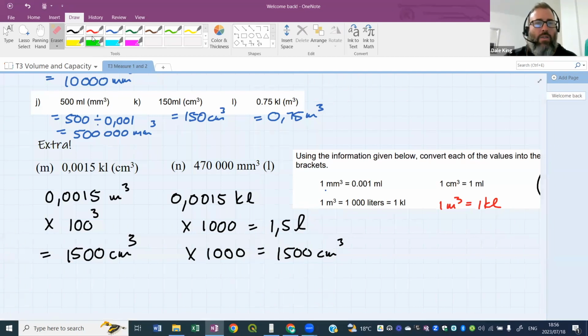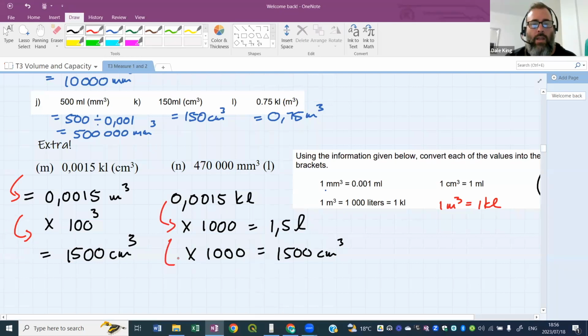Now you'll see here in both of these cases, it's two jumps. This first one, we said 0,015 kiloliters equals 0,015 meters cubed. That was the first step. Then the second step is multiplying by 100 cubed. Over here, there's the first step and there's the second step.